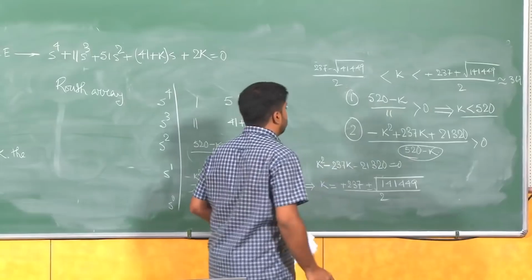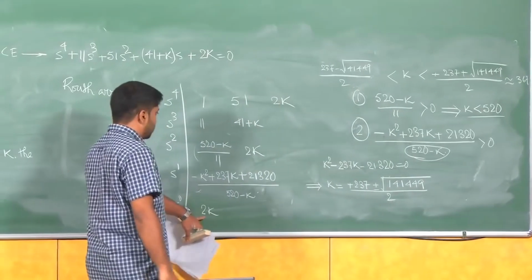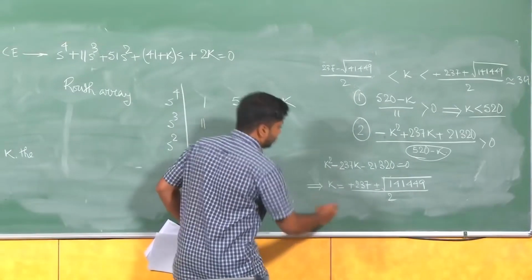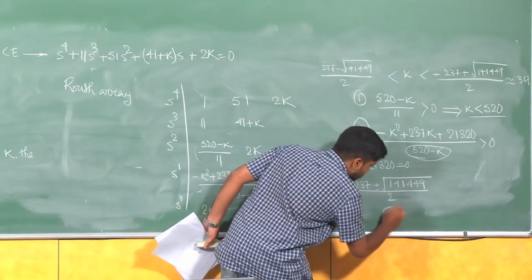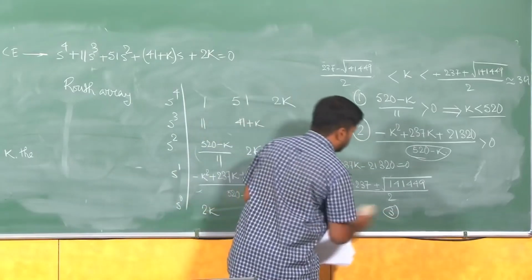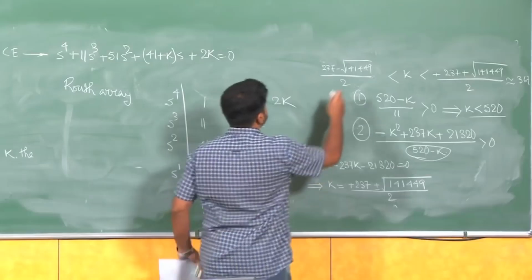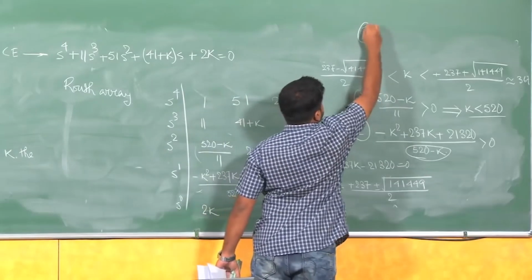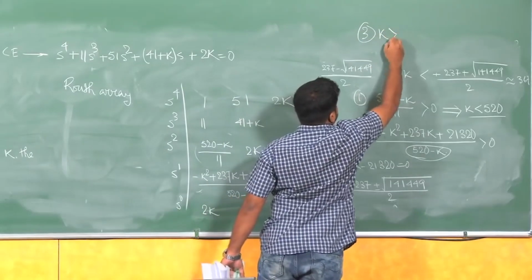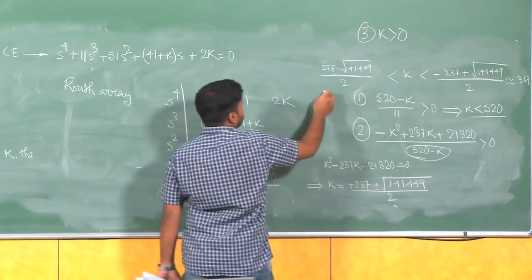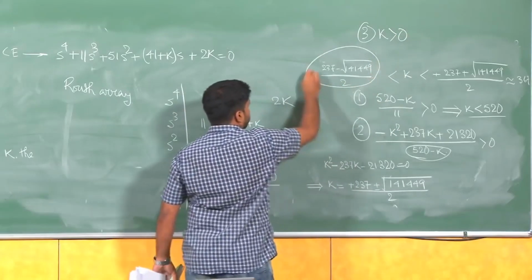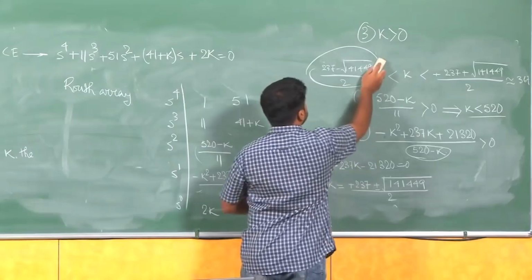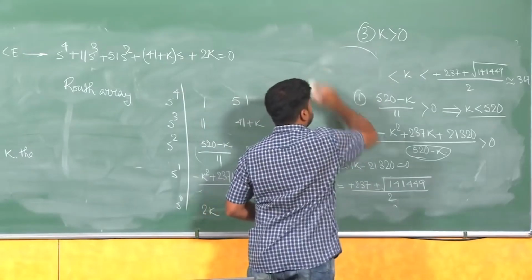Now, the third condition is K is greater than 0. So, the negative root will be replaced by 0.